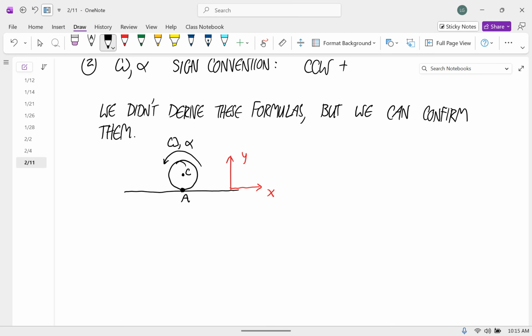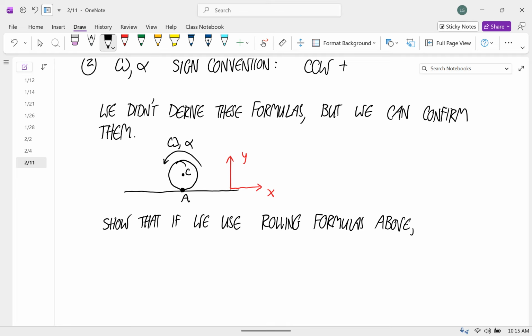So what I'm going to show is if we use the rolling formulas above, the horizontal velocity and acceleration are both 0.